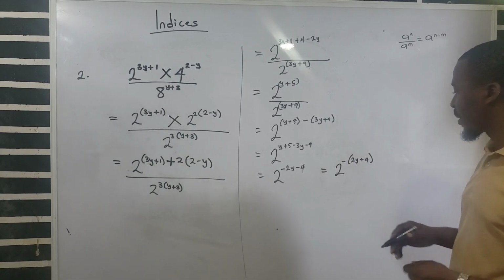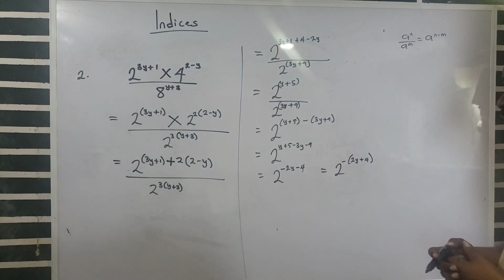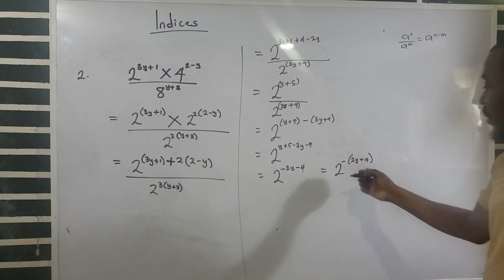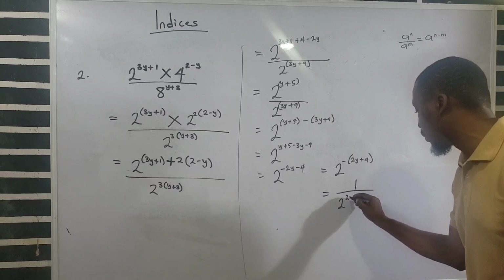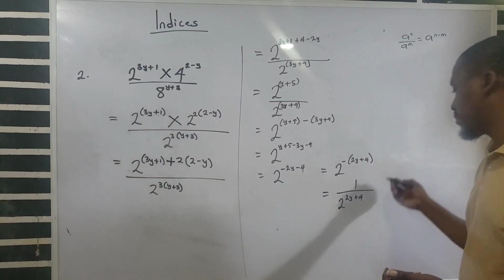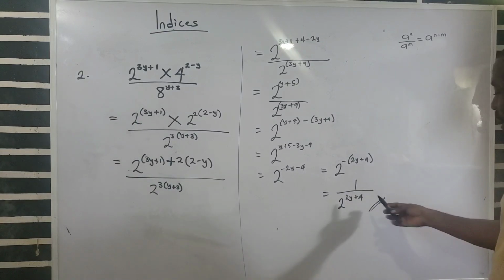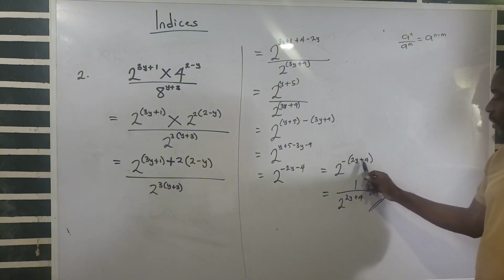Okay, you can as well bring your 2 outside. So of course you can play around it now. So that will also give you 1 over 2 into 2y plus 4. Okay, so you can stop here. You can actually bring out 2, which is common.